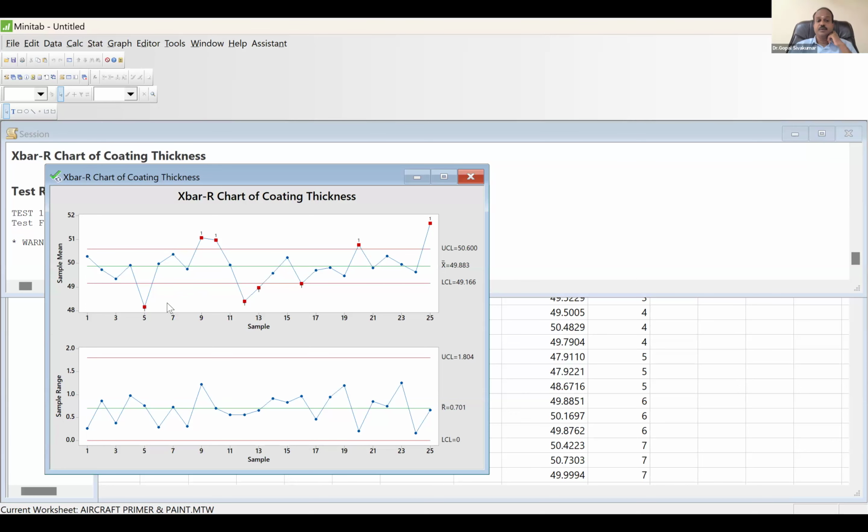For each of these out of control points, an action taken report should be available. Yes or no? Yes. If you are going for an audit and they are projecting a very good Cpk, very good Ppk, but then you plot a control chart and you come across all of this, what should you ask for? Action report.